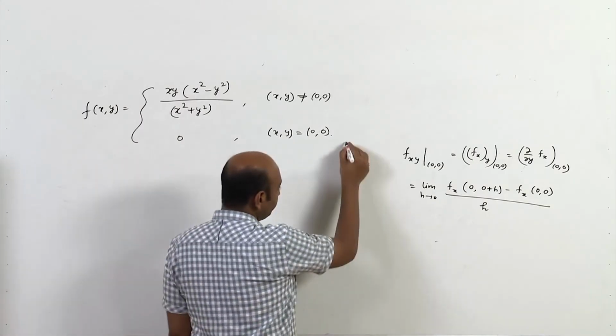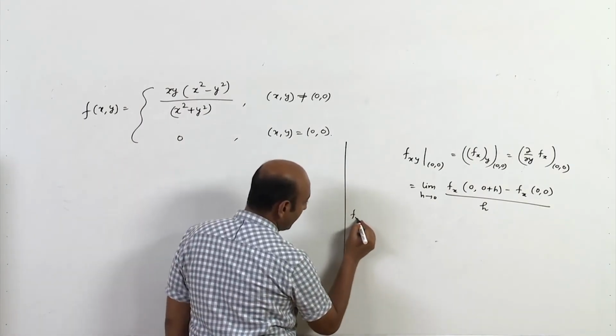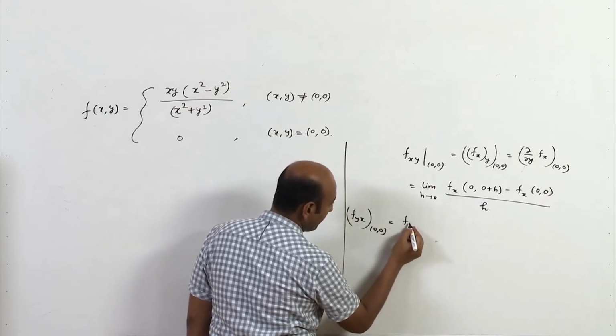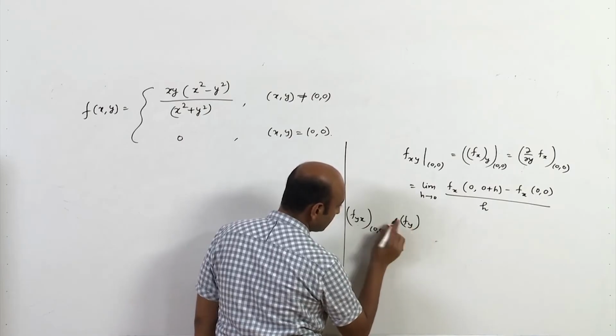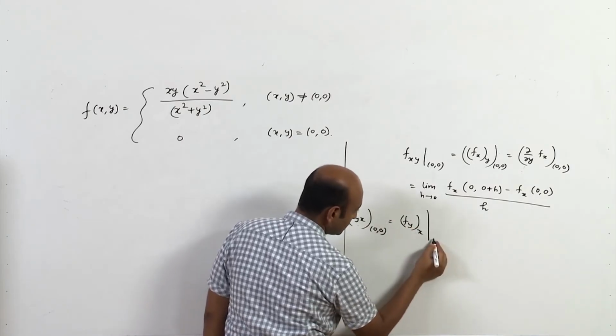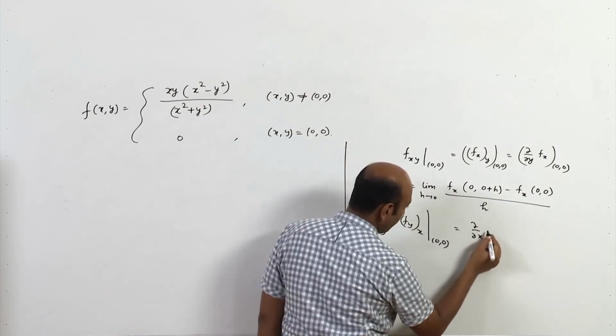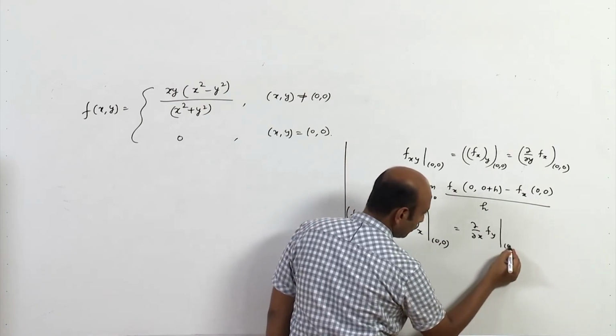Now, similarly, what is f y x at (0, 0)? It is f y x at (0, 0), which is del by del x of f y at (0, 0).